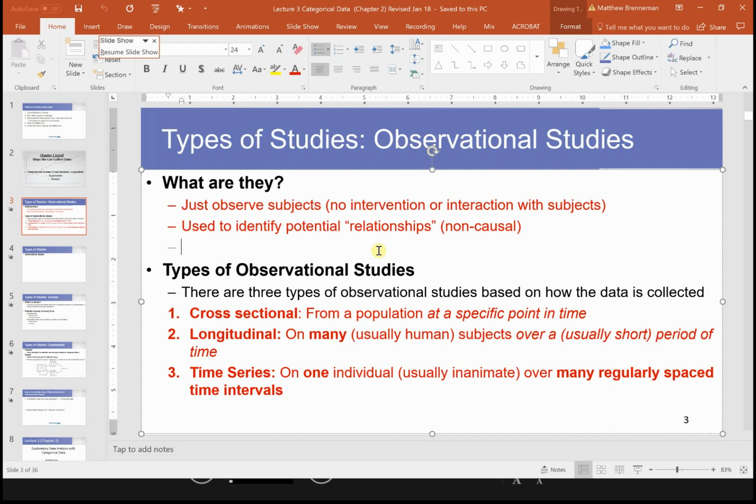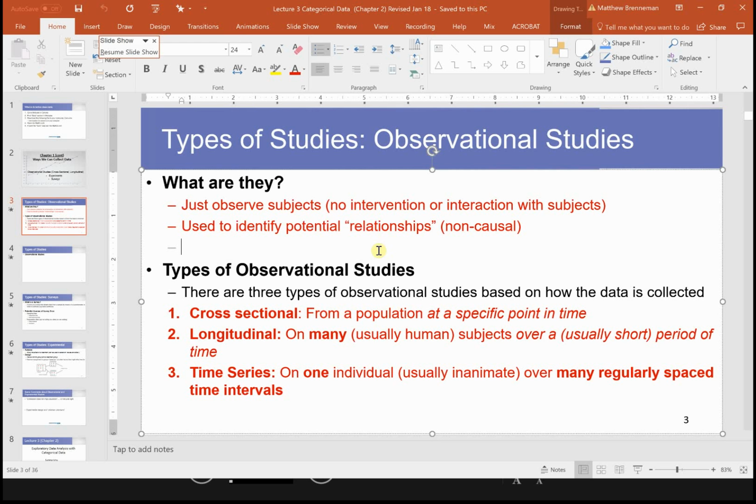So I go ahead, I choose a sample, and I follow that sample over time, okay? So you think of it kind of like this, right? I'm just kind of following these people over time. And then I may want to see what happens to them at some later time, okay?